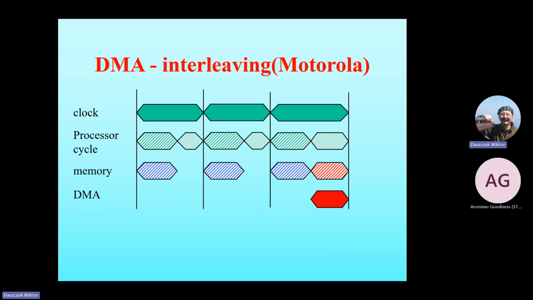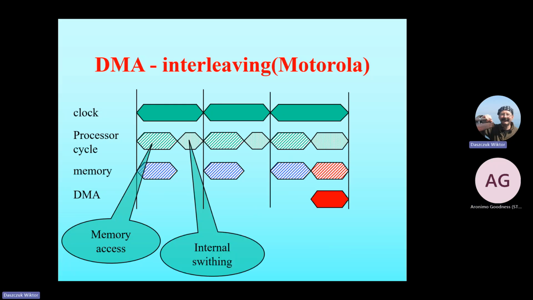This is a single processor cycle. And in every cycle, the processor can access memory. And before or after that, it has some internal switching without accessing memory, some transfers between registers or whatever.